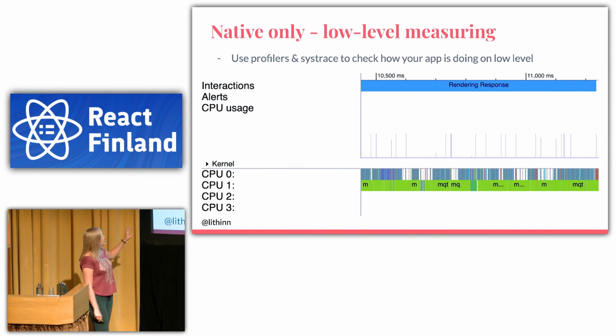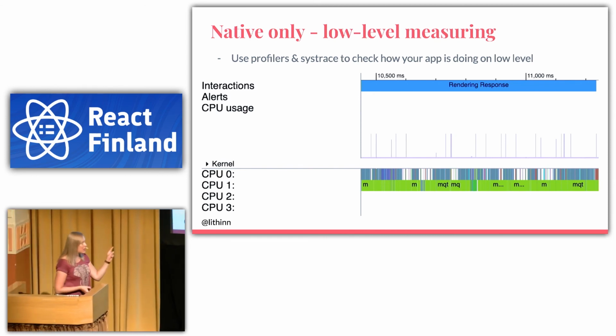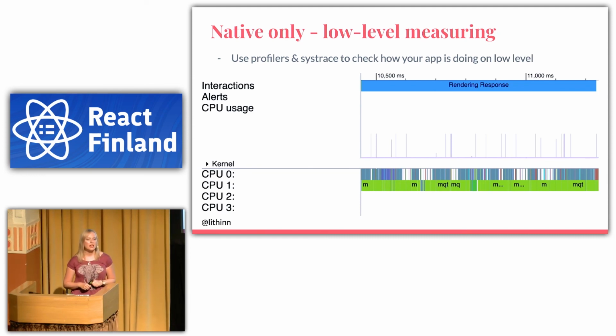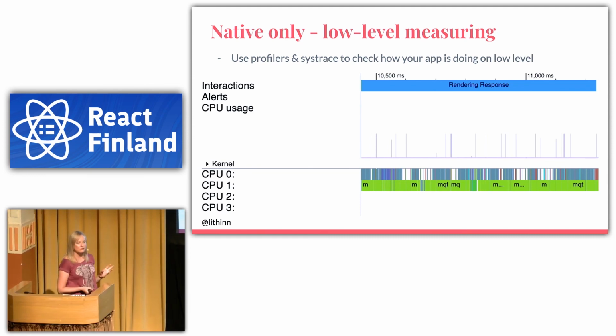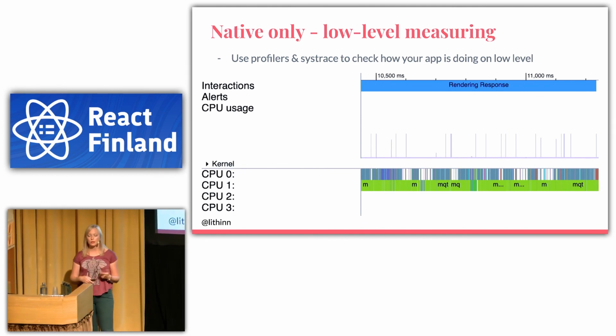What we want to focus on is the CPU usage, see where the spikes are, see what cores are being used by what threads, and remember that there is this MQT.js thread, which is the JavaScript thread, and then there's the MQT native, I think, which is the native thread. Those are the two to look out for to check what they're actually doing at any given point.